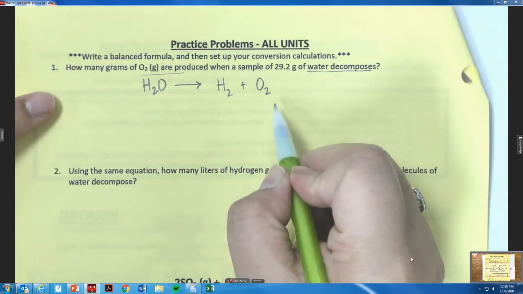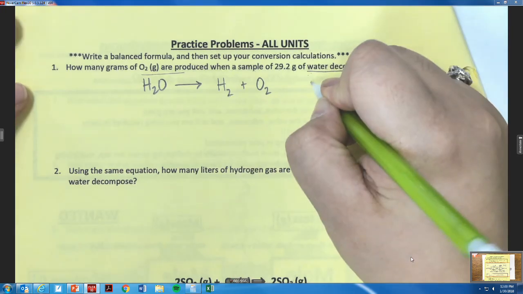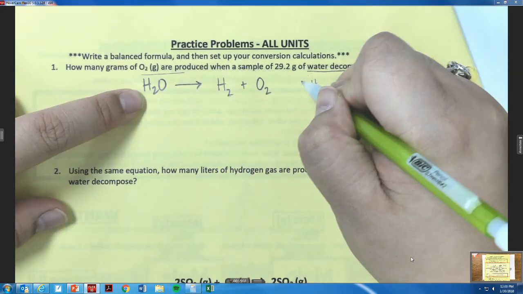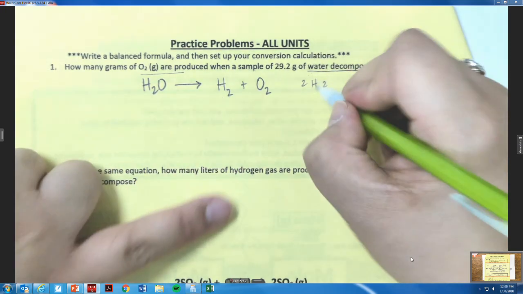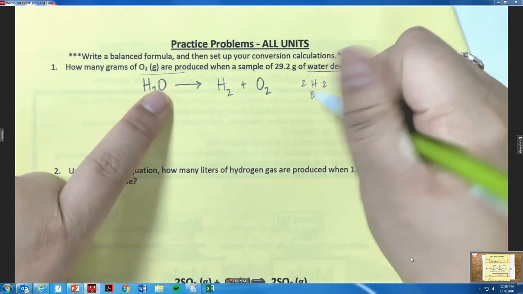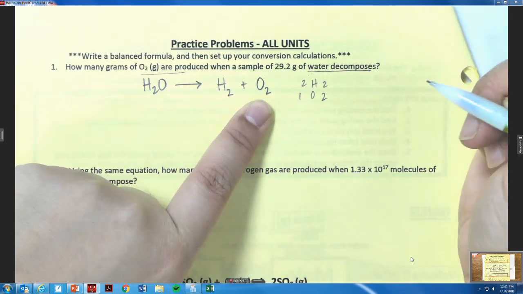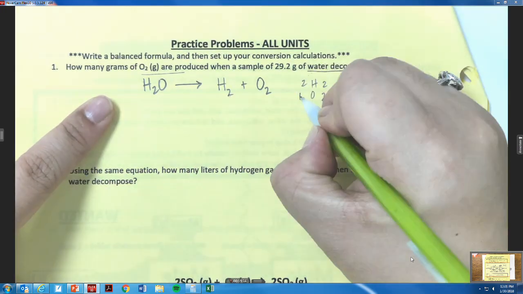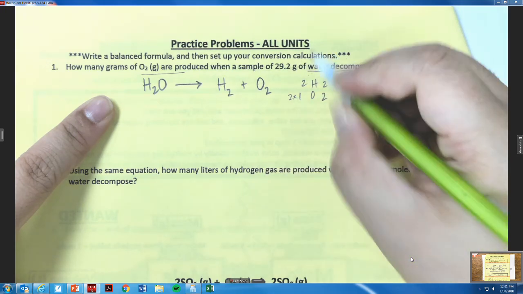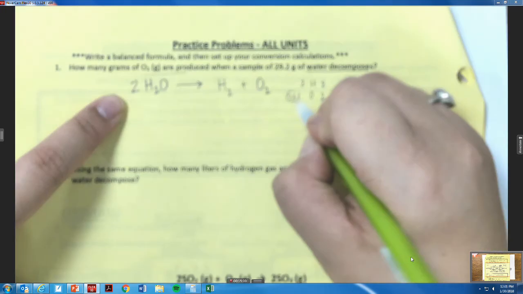Okay, so now we need to balance our equation. Hydrogen: I have 2 on my reactant side and 2 on my product side, so hydrogen is balanced. But oxygen, I only have 1 on my reactant side and 2 on my product. Since oxygen is not balanced, I'm going to have to multiply my reactant side by 2. So I'm going to put a 2 right there.